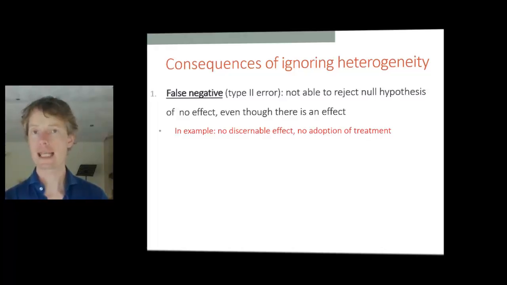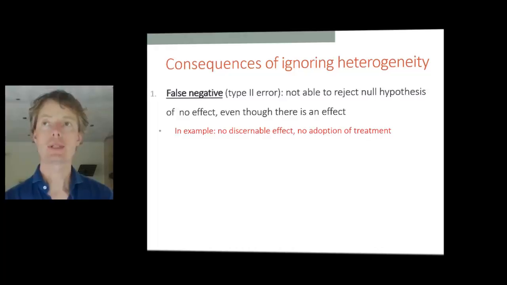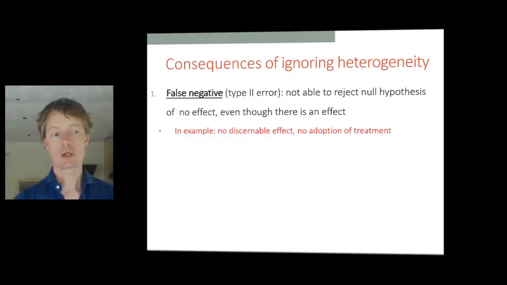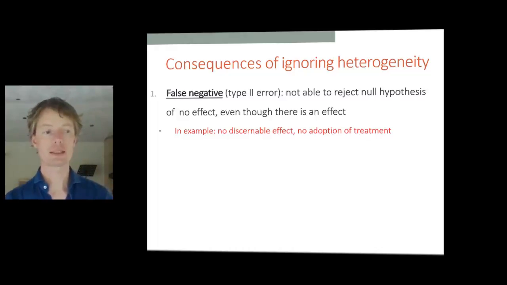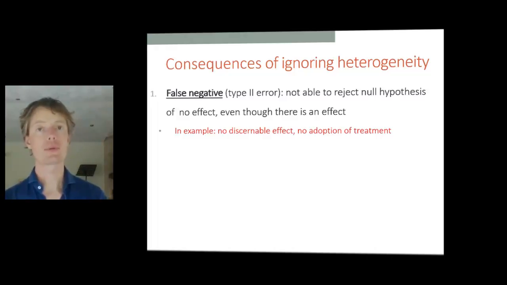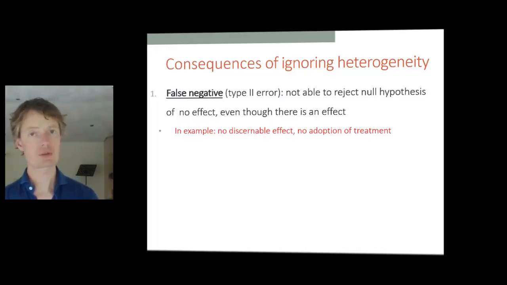Like in our example, there is an effect for the relatively happy clients, but based on your average treatment effect, you actually conclude that you find no evidence of an effect. So that may lead you to not adopt this treatment, even though you may want to go ahead with the treatment for a certain subgroup.